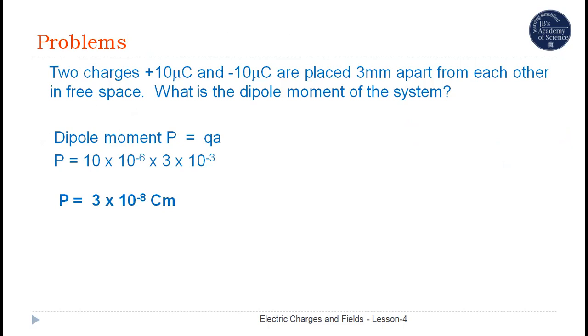We know that dipole moment is charge into distance between them. P is equal to q into a. That is 10 into 10 to the power of minus 6 into 3 into 10 to the power of minus 3. That is 3 into 10 to the power of minus 8 coulomb meter. Coulomb meter is the unit of dipole moment.